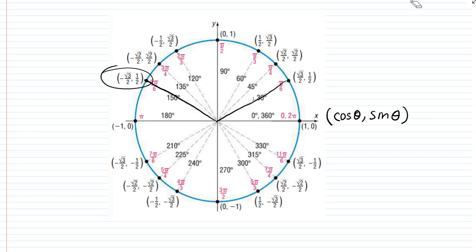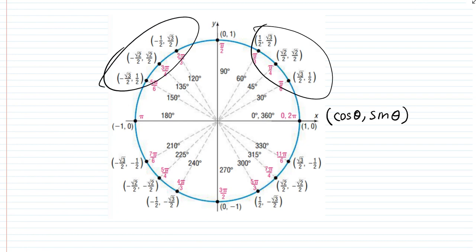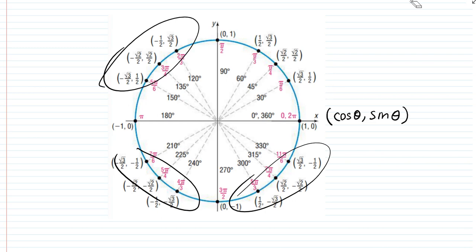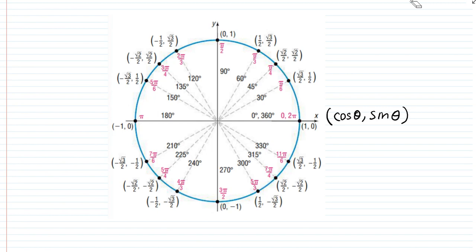So we can simply get the others through reflection of these points. By reflection of them, we can get the exact values for other special angles. All right, and there you have it.